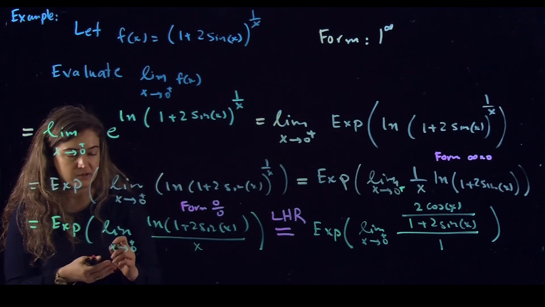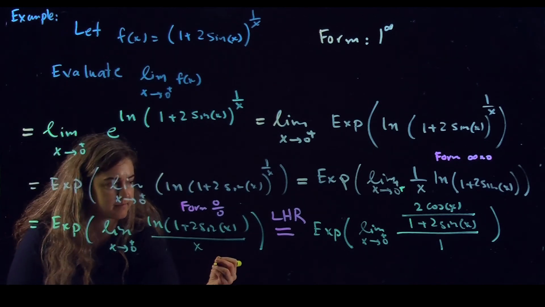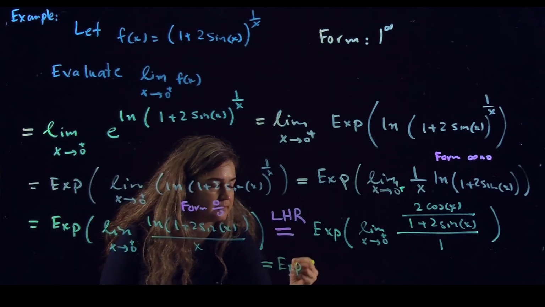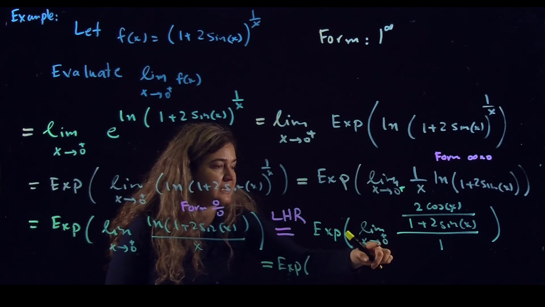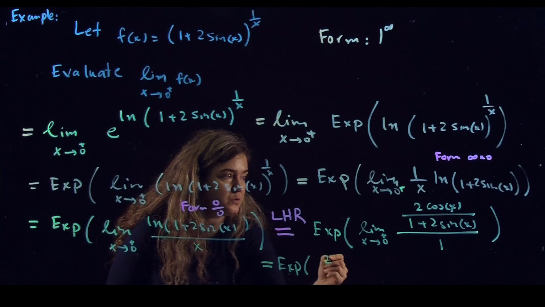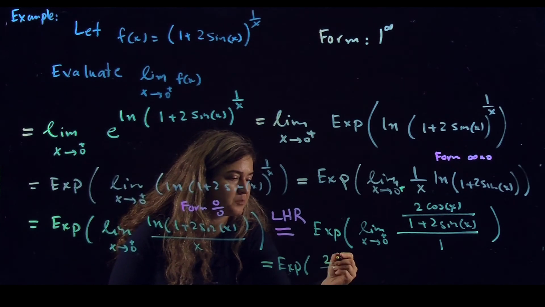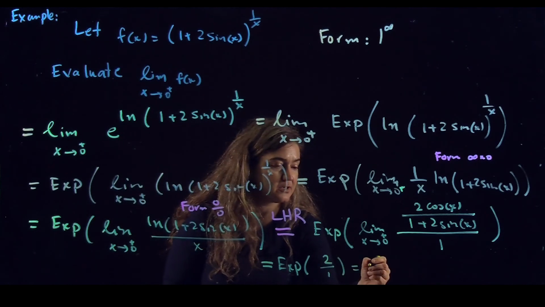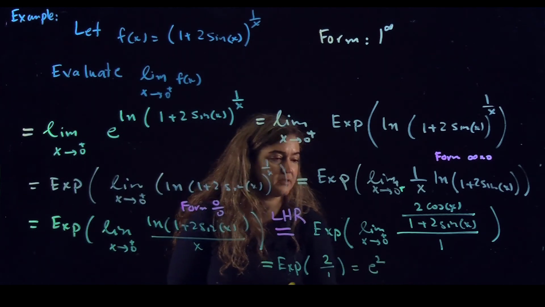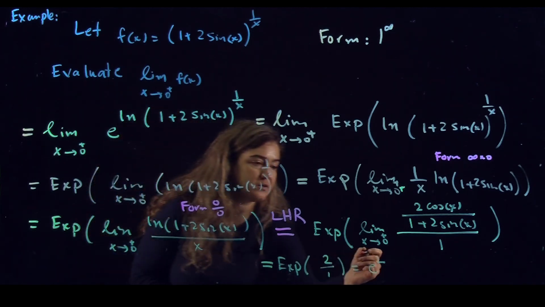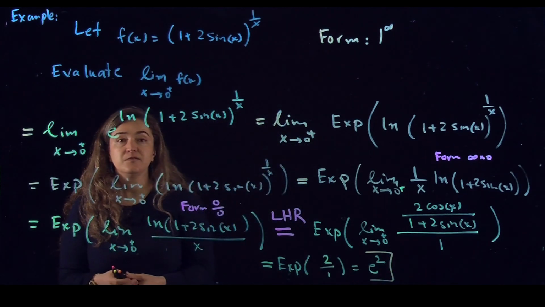So the answer is exponential, plug it in, and then the limit goes away. 2 divided by 1. That is, the answer is e to the power 2. And that's our final answer for this limit.